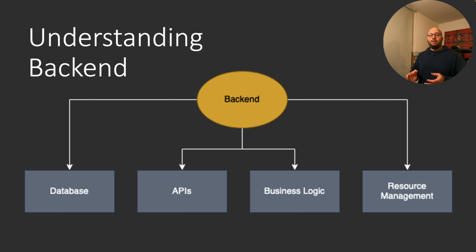Second is APIs. Basically, APIs, and I'm oversimplifying, are responsible for handling all of the requests. For example, let's say I have a button for user registration, and once I click on the register button, the front end sends a request to the API.